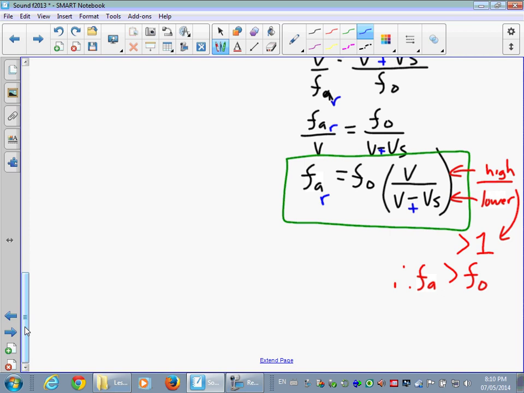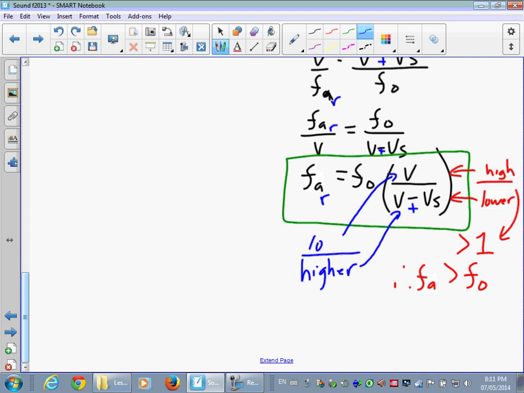So think about what happens to this fraction when it's receding. On top, we have a certain amount v. And on the bottom, we have that certain amount v, plus we're going to add a little bit more. So this is going to be a higher number.